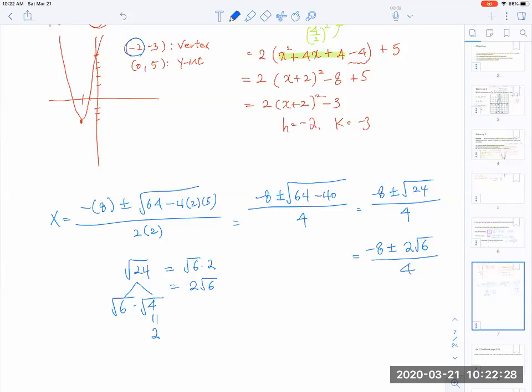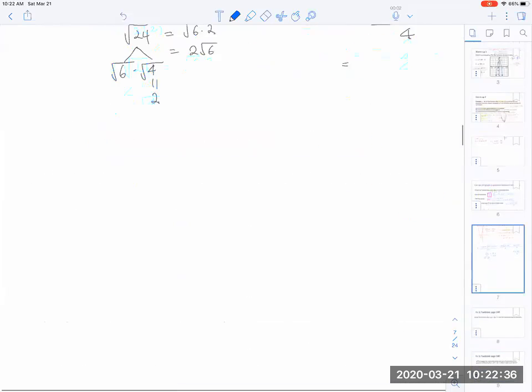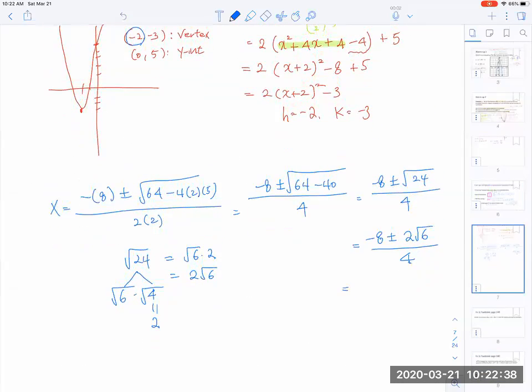I'm going to divide by 2 here because that's their common factor. So -8 divided by 4, and 2 radical 6 divided by 4. So this is going to be -2 plus or minus radical 6, over 2.